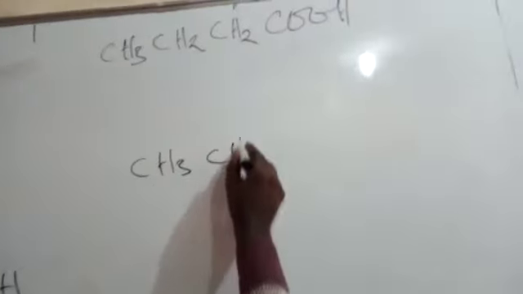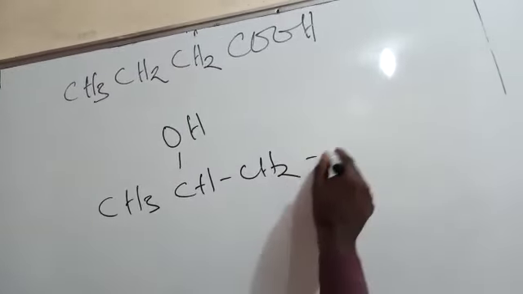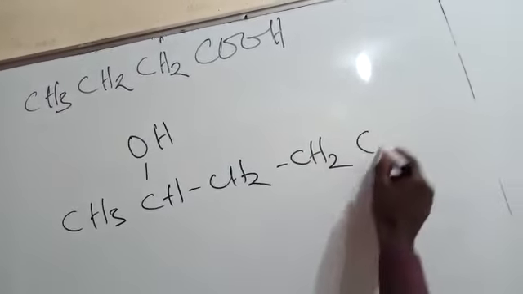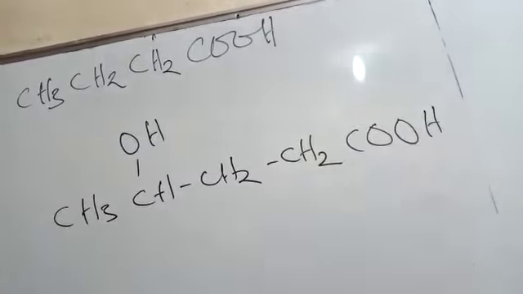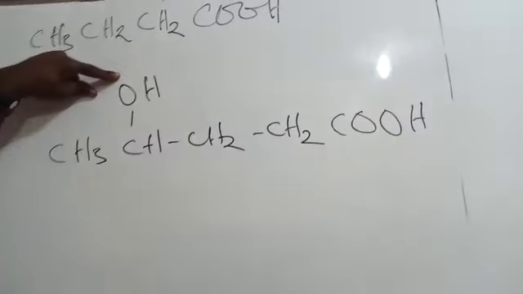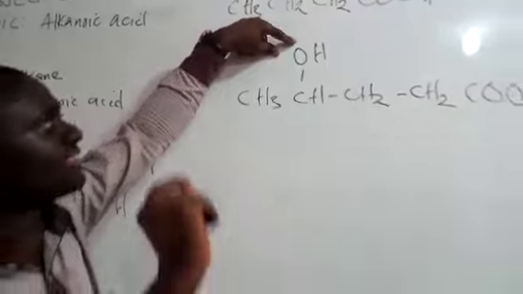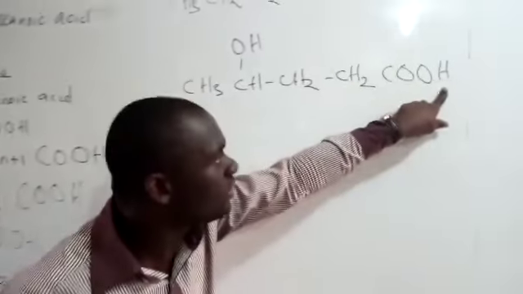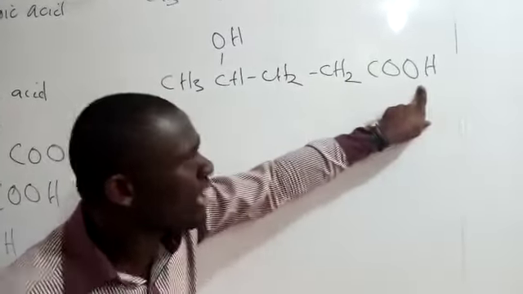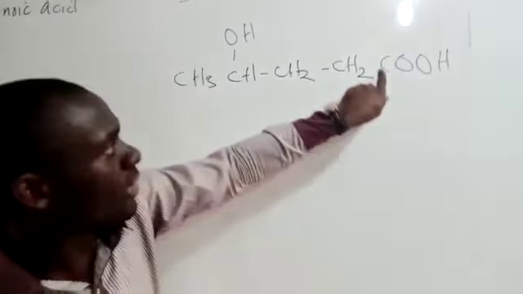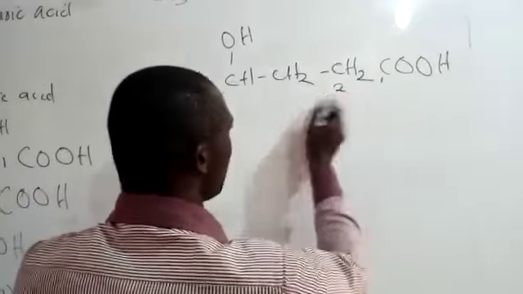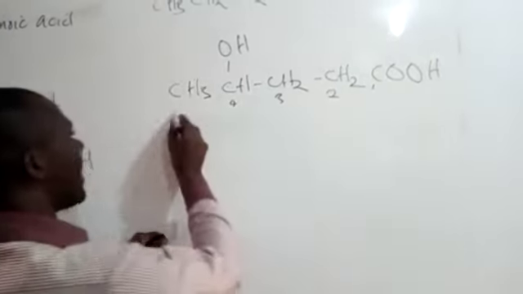If, for example, you have a compound like CH3CHOHCH2CH2COOH. Remember that OH is a functional group for alcohol. The hydroxyl is a functional group for alcohol. And then COOH is a functional group for carboxylic acid. It is stronger, so you count from it. You count it as 1, 2, 3, 4, and 5.